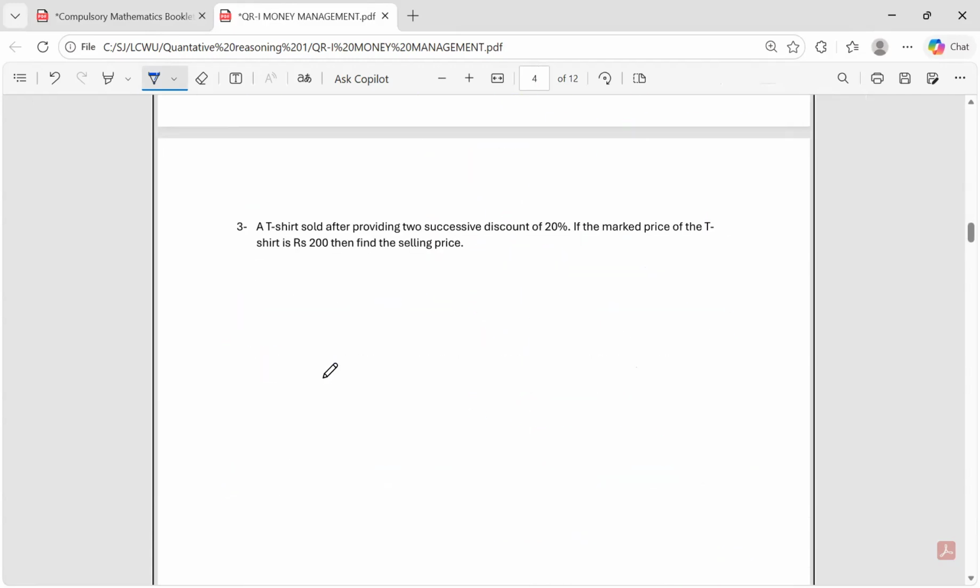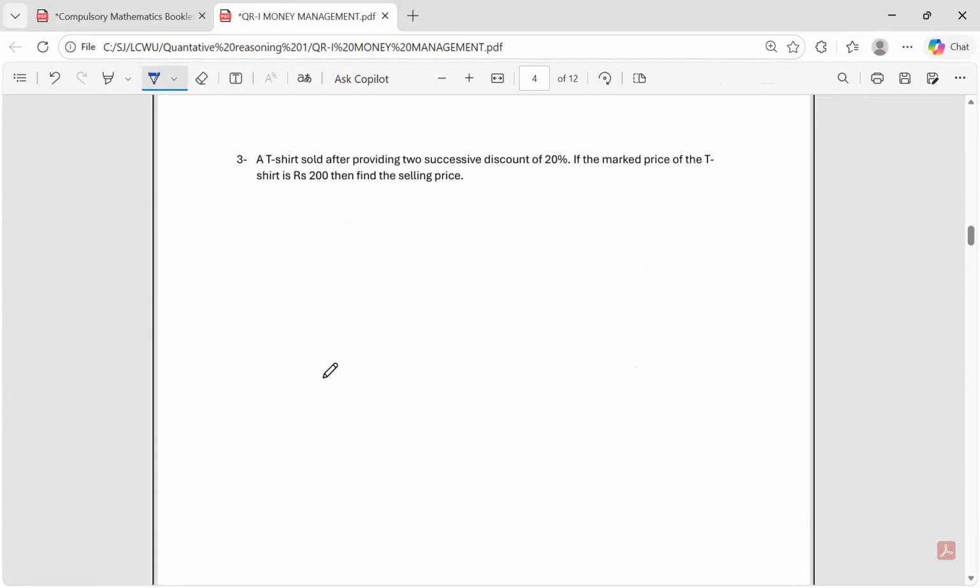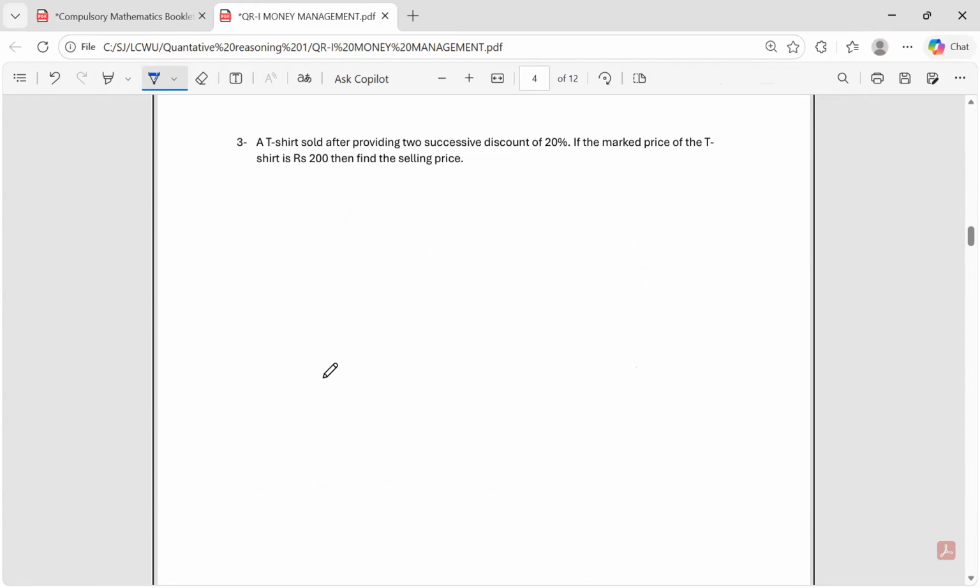Next is question 3. A t-shirt is sold after providing 2 successive discounts of 20%. If the mark price of the t-shirt is 200 rupees, then find the selling price. So we are offering 2 successive discounts, 20% first, and then a further discount of 20% on the discounted price.